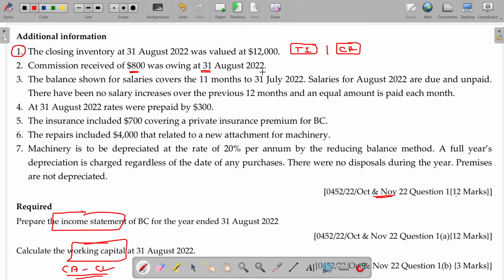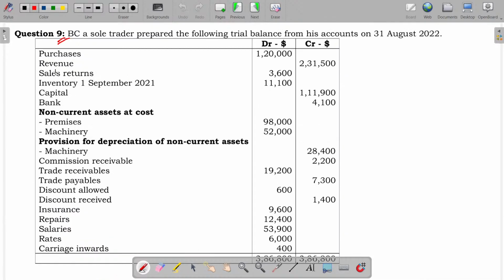There's an outstanding commission, 200 rupees. Outstanding should be added, and that is also an income. As this is income receivable, it is your asset, named as current asset.